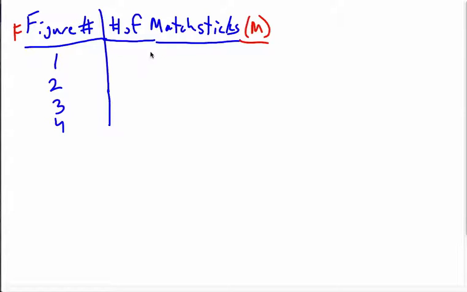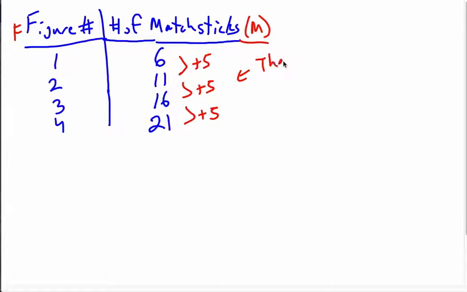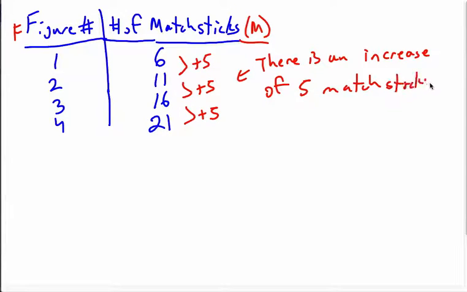We drew 4 figures, and number of matchsticks we had was 6, 11, 16, and 21. And remember, we saw that we're increasing by 5 matchsticks each time. Okay? There is an increase of 5 matchsticks for each figure number.